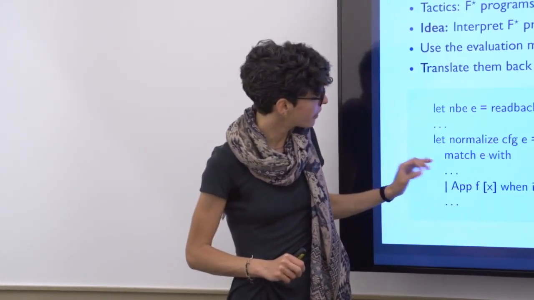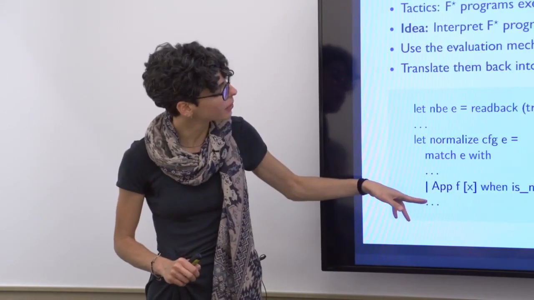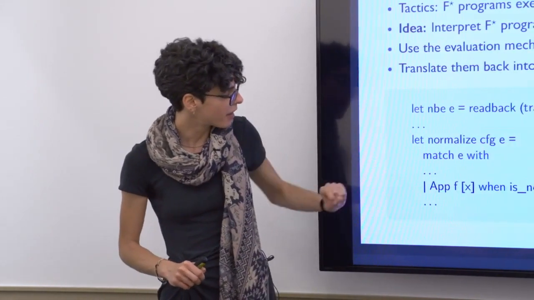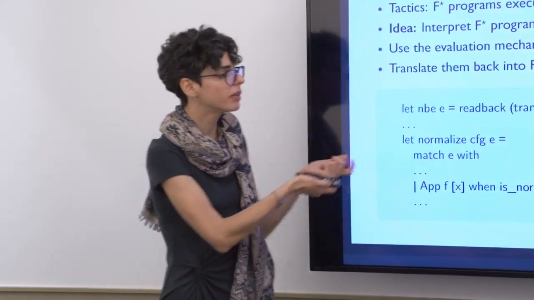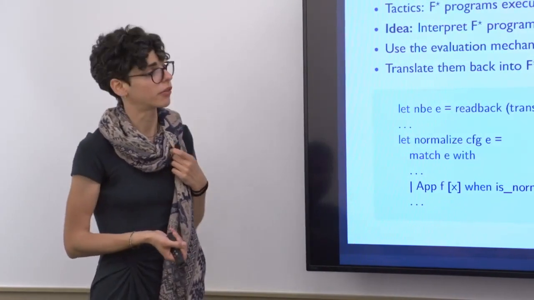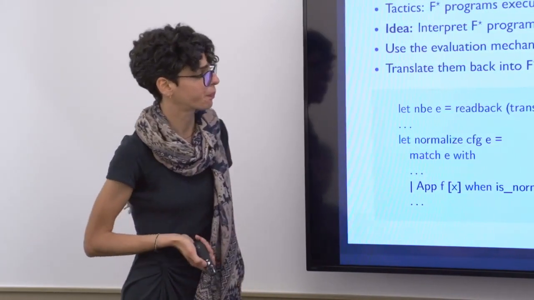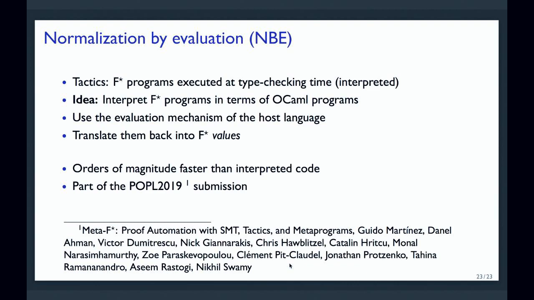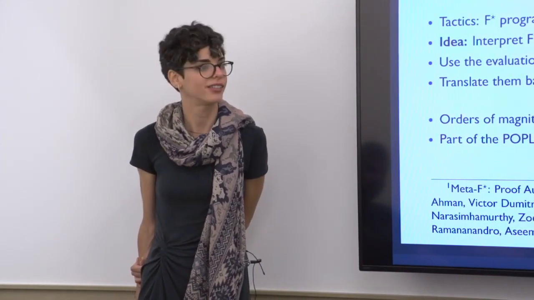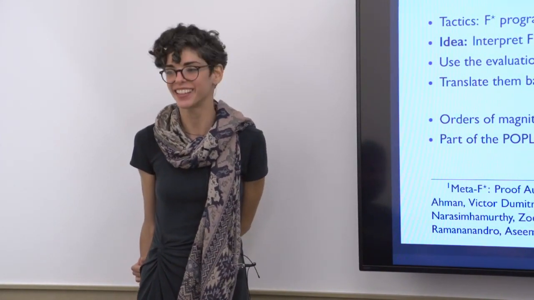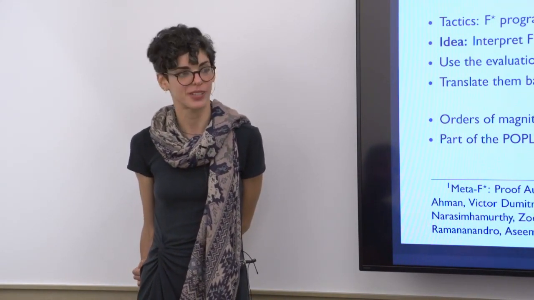And then whenever the normalizer hits an application node, if the head of the application is a normalization request, and if the flag for NBE is on, it will just use the normalizer to normalize the F* term. And this turns out to be orders of magnitude faster than the interpreted code. And it was part of the POPL 2019 submission. And this concludes what I had to tell you today. Thanks so much for listening. I'm happy to take questions.